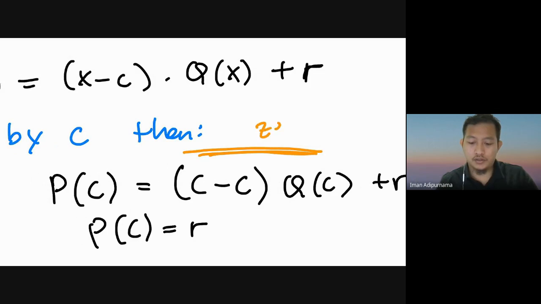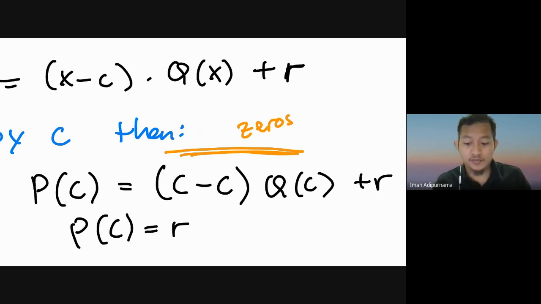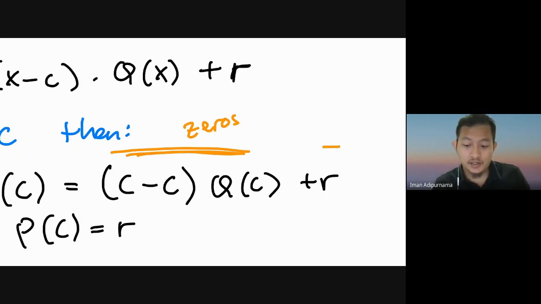Because in general polynomials, not all polynomials have a zero, so there is a remainder. When you divide, it's not completely divided, but there is still some number left, and we call that the remainder, right?